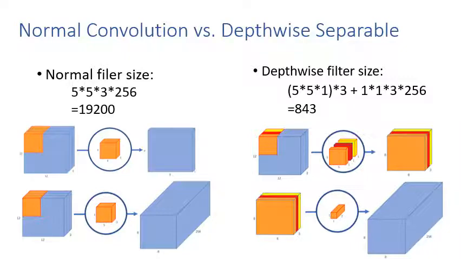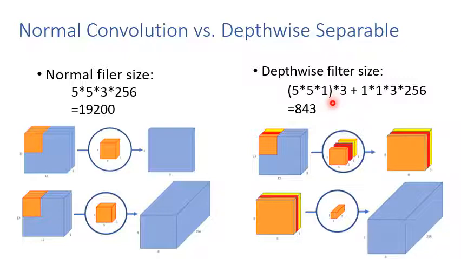So first, it separates the channels into 3. It has 3 5 by 5 by 1 filters, and processes the input feature map independently for each channel. So we will have 5 by 5 by 1 multiplied by 3 parameters.